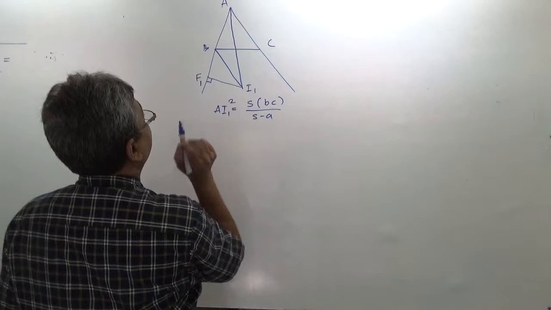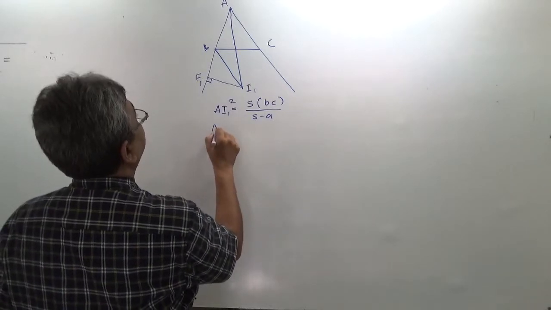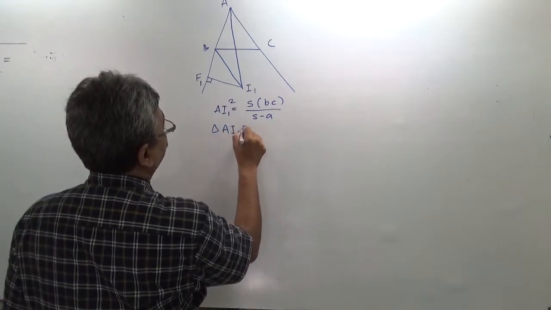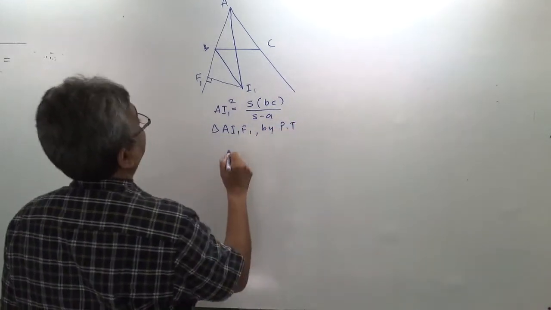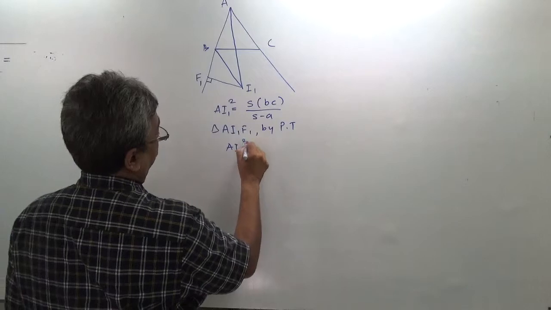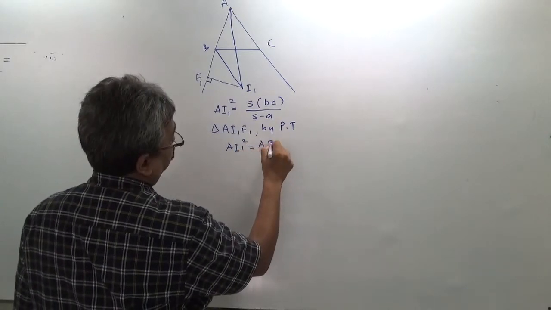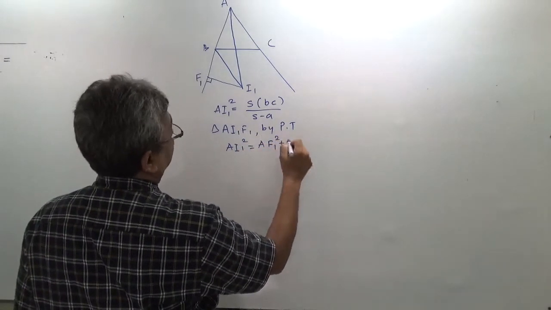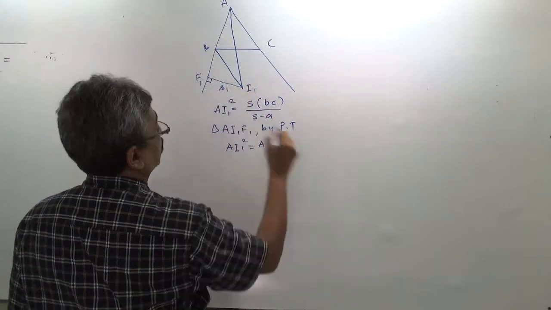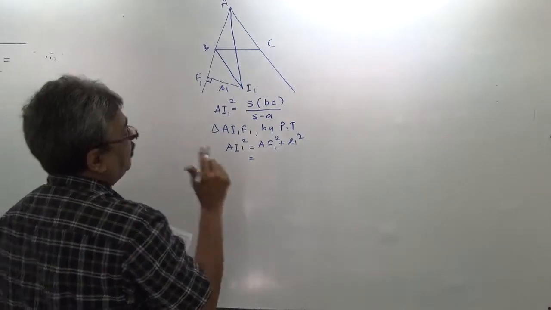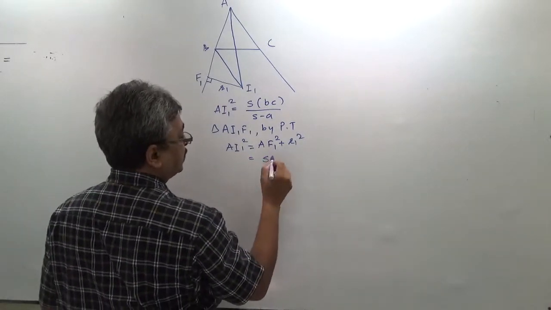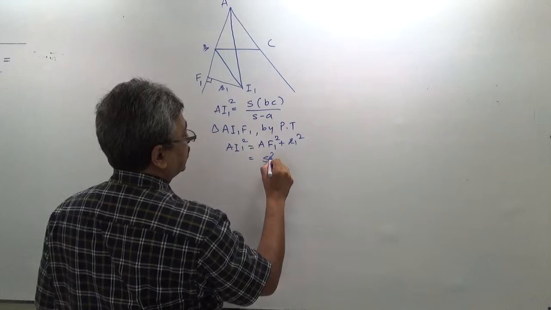So we will again start with Pythagoras theorem. In triangle AI1F1, by Pythagoras theorem, we get AI1 square is equal to AF1 square plus I1F1, which is r1, square. Now, what is AF1? AF1 we know is the semiperimeter s, squared.